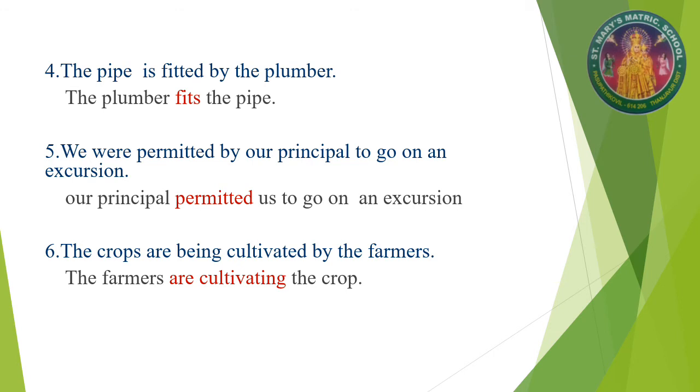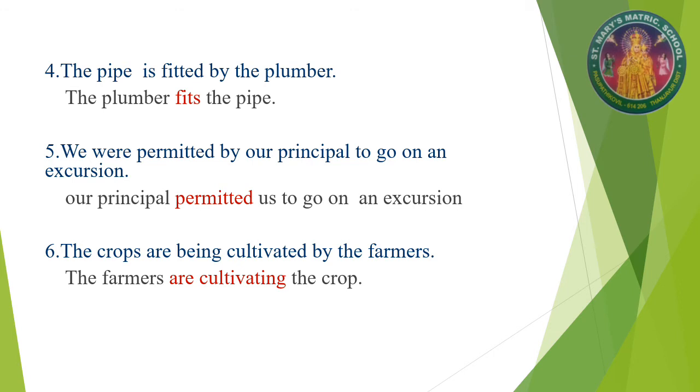Do you understand? You have to remove the being, and instead of cultivated you have to write cultivate plus ing. That is a continuous tense. Continuous tense means verb plus ing. Verb plus ing is called a continuous tense. So cultivating is a present continuous. Do you understand? The tense changes have taken place.